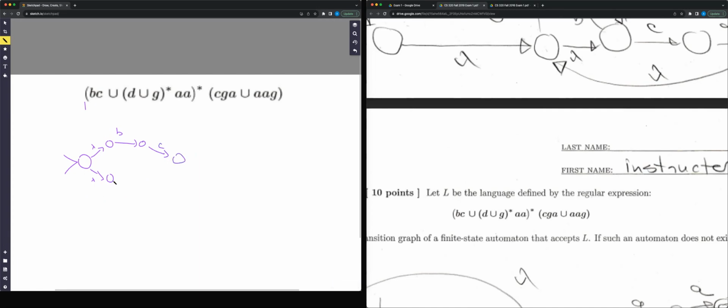This one says D or G. So that's my D or G star, and then an A and an A. Right, so whichever path I took gets me to this state, which is now at the star.